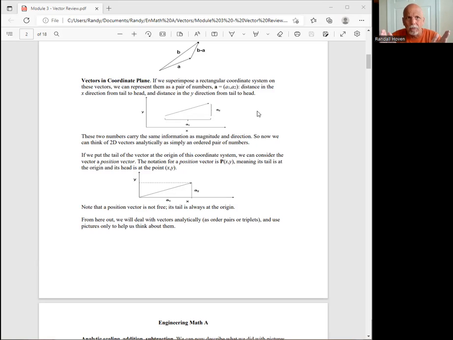Now we can just describe a two-dimensional vector using two numbers, a three-dimensional vector using three numbers. By the way, a position vector does have a location. We always put a position vector's tail at the origin of our coordinate system.